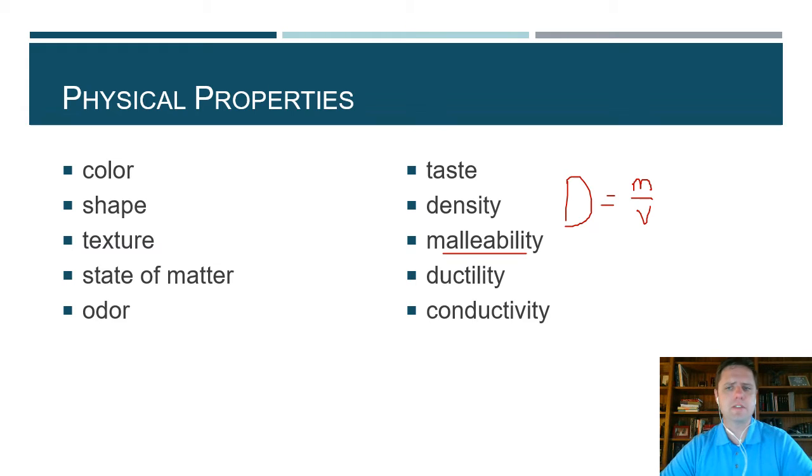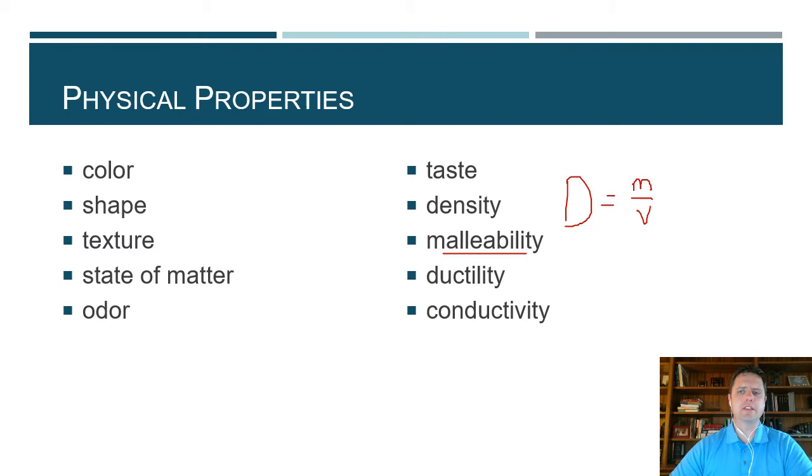We see examples of this even in the Old Testament with some of the objects used in the worship of Israel. They would build things and overlay them with gold. Gold does really well as an overlay because it can be pressed into very thin sheets, and it can make a lot of things look like gold. So that's malleability, being able to hammer it out into sheets.